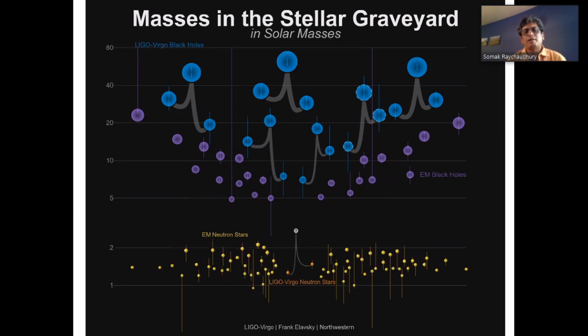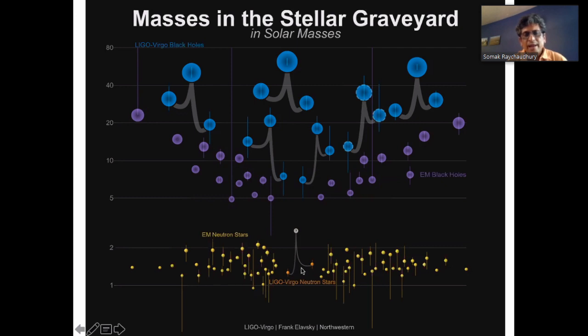The most massive star that we know of in our galaxy is 100 times the mass of the sun. So the fact that you can have black holes this massive was something that only LIGO gave us. You can see the basic difference between also the masses of the neutron stars that we found from the X-ray observations.